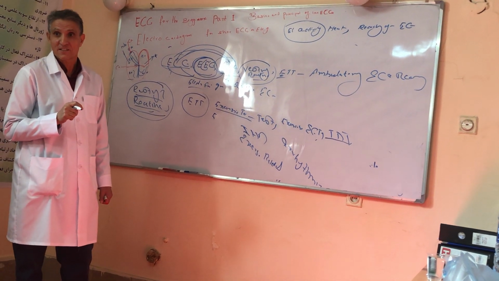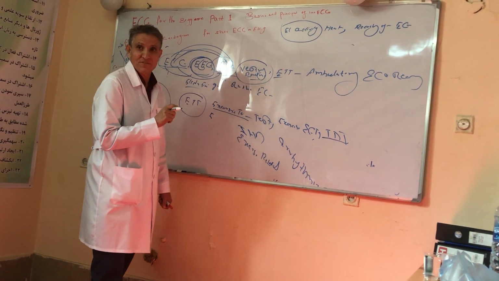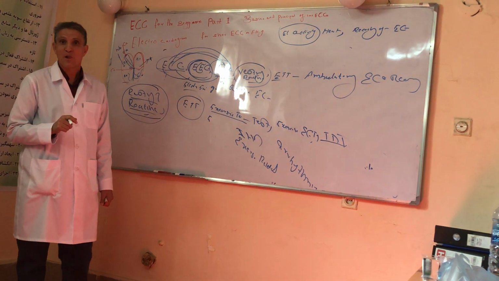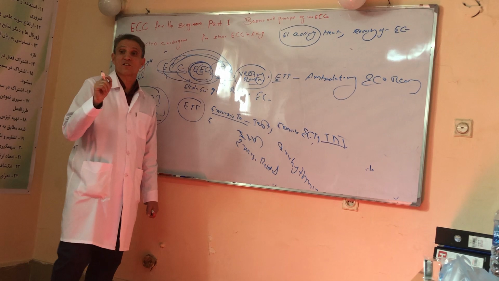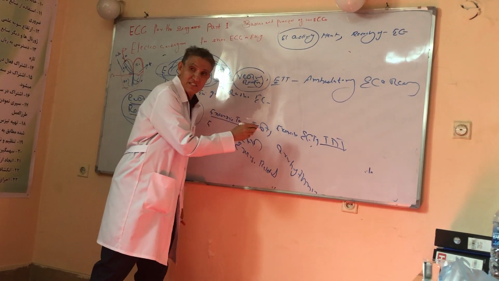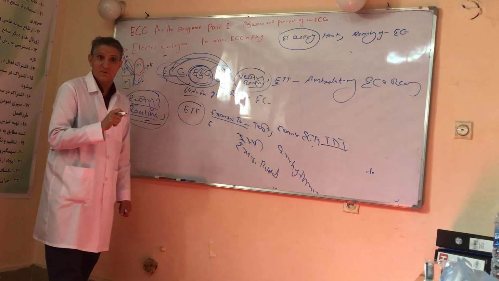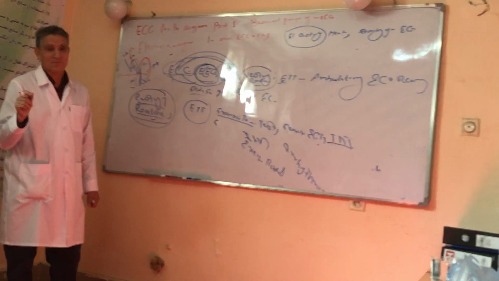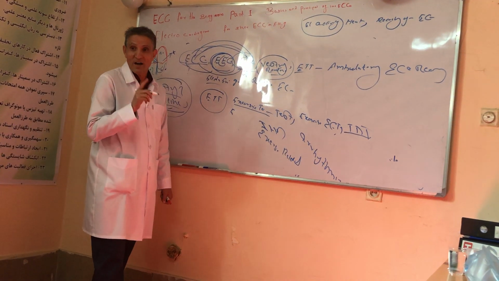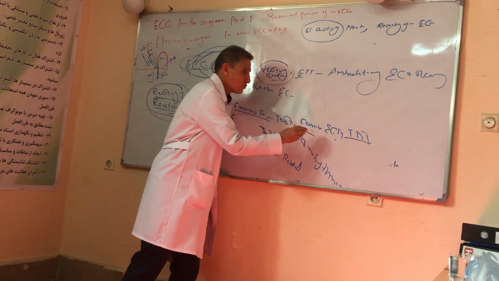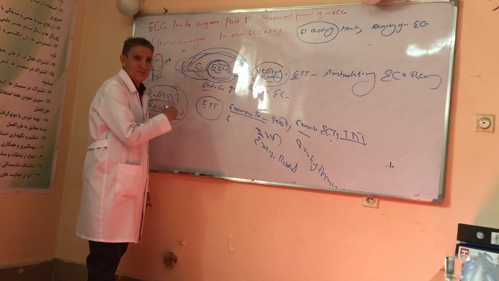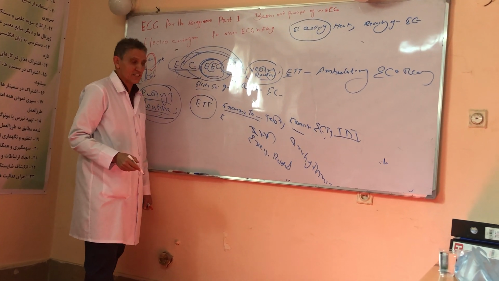It is not a simple test because it also has some risks. For example, a morbidity of 2 in 10,000 people who have this ETT test, and a mortality of 1 in 10,000. So ETT is quite different from resting ECG.